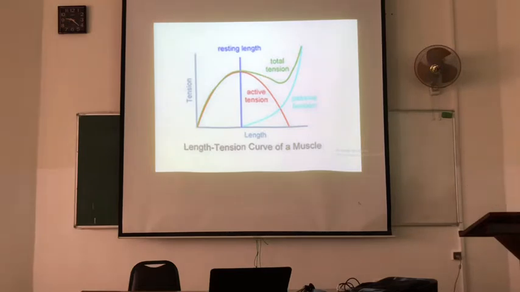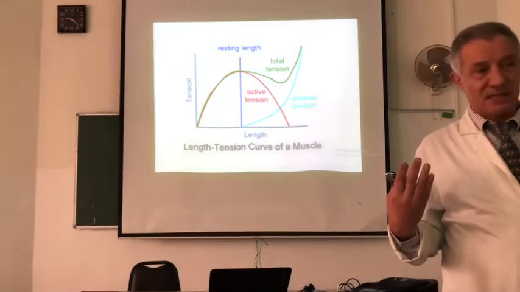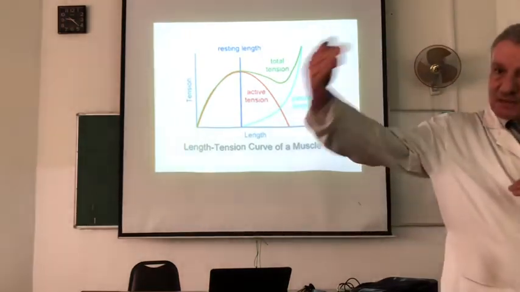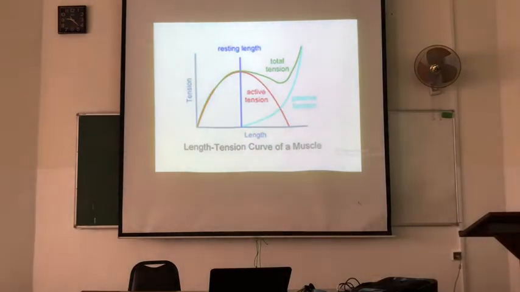So this green line represents the total tension that can be recorded, which is the passive plus the tension that comes from the stimulation process. Can you figure out the tension that comes from the stimulation of the preparation alone? Simply by subtracting this from that, okay?